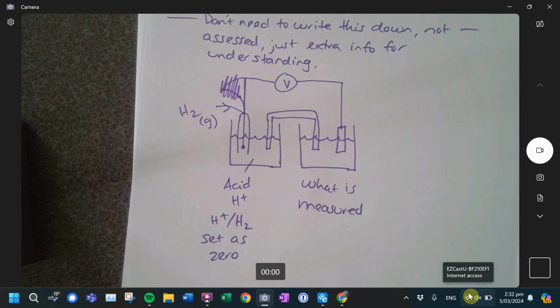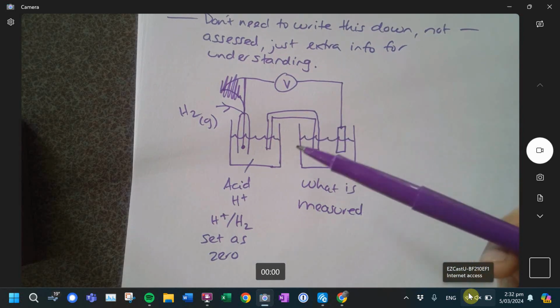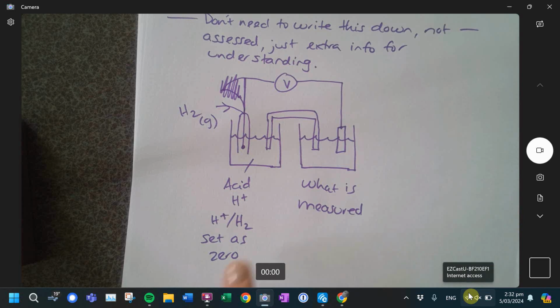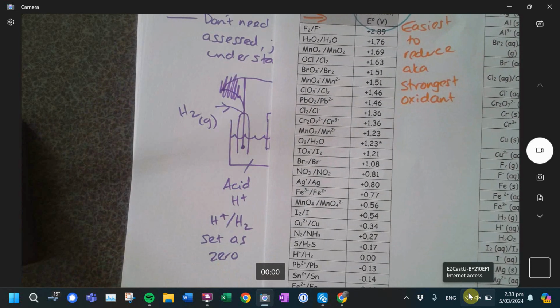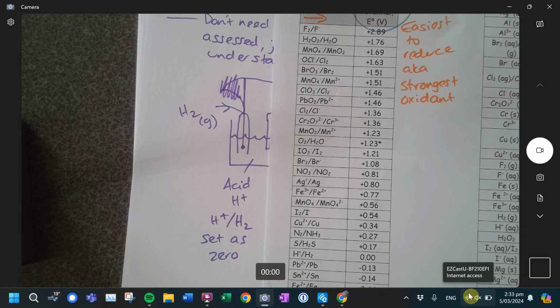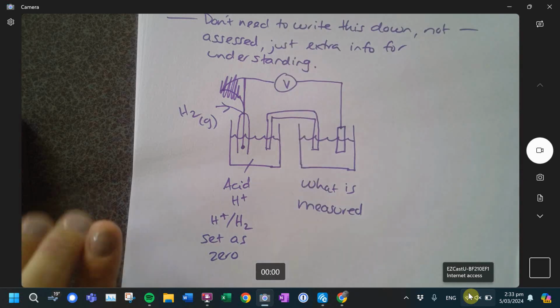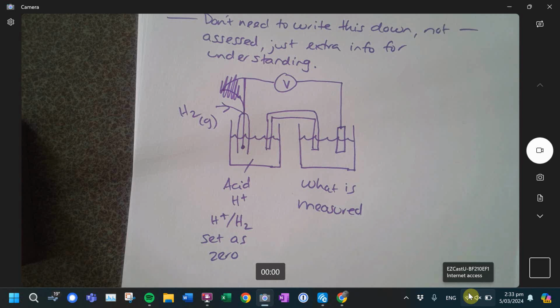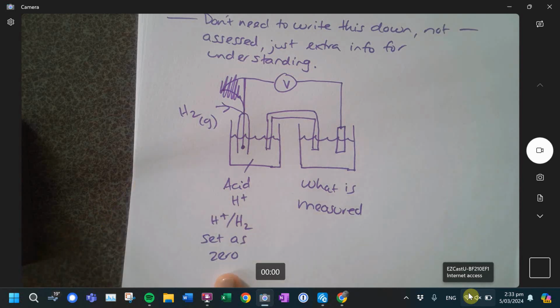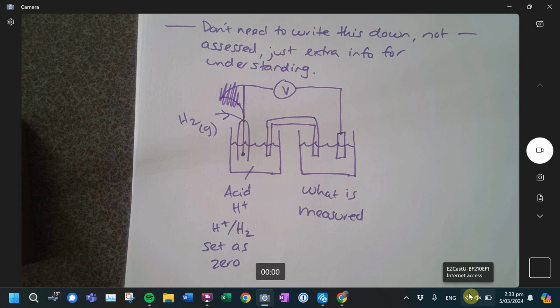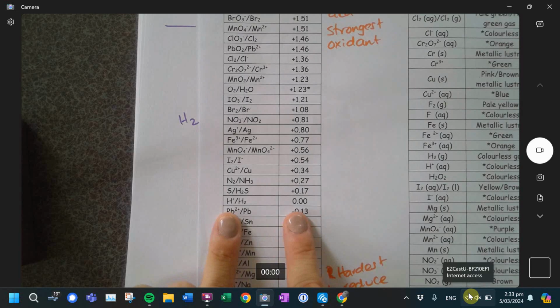All right? So, what was I going to add about that? So, with hydrogen, it can be oxidized, it can also be reduced. So it can do both. In fact, all of these reactions can do both. It can go in reverse if we give it enough energy to force it to go in reverse. But for simplicity's sake, what we've decided as scientists is that this is going to be our reference point for 0, which is why on our sheet you see that pairing as 0.